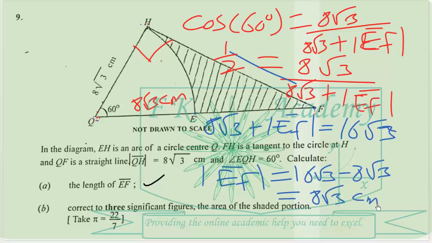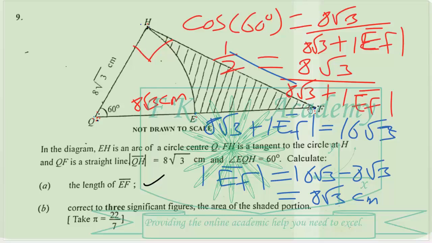We are also asked to find correct to 3 significant figures the area of the shaded portion. So to do that, let us first find the length of FH. We know HQ, we know QF. Left with FH.